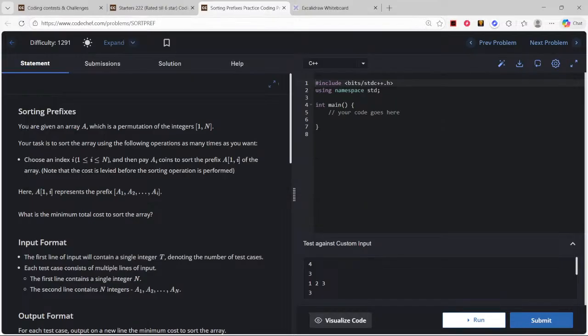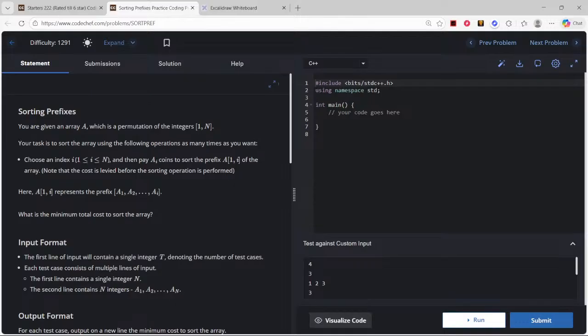The question is sorting prefixes: you are given an array A, which is a permutation of integers 1 to n.